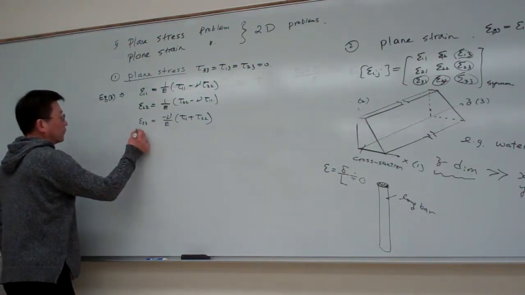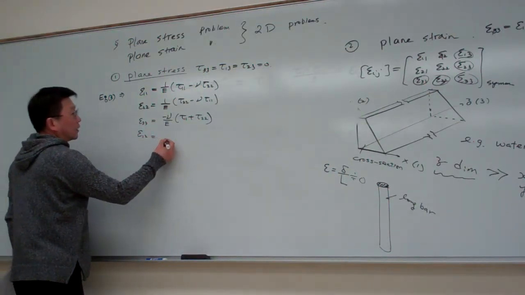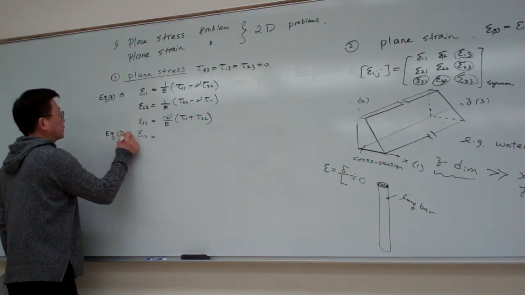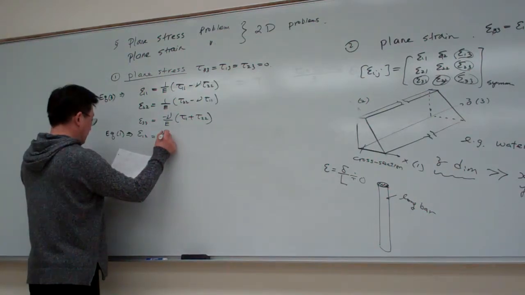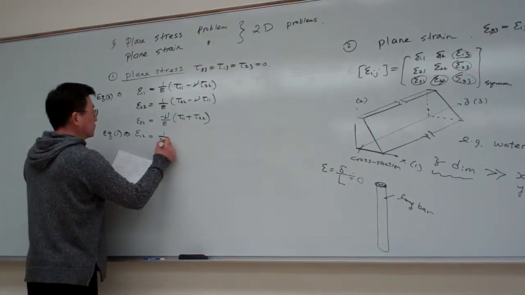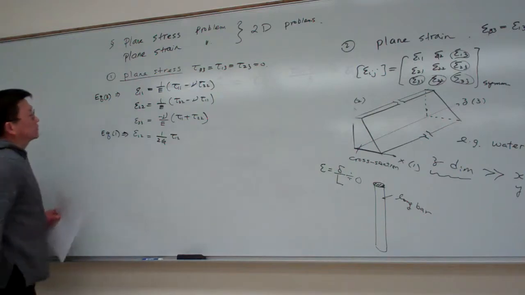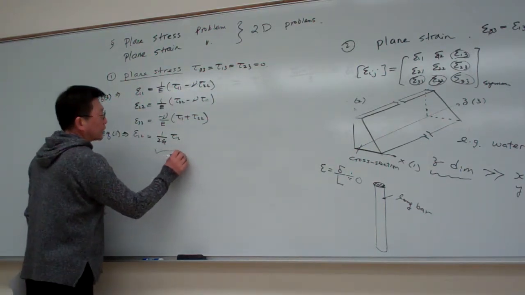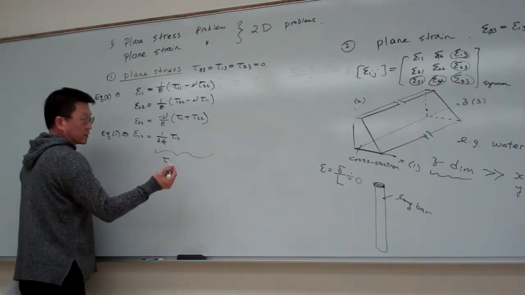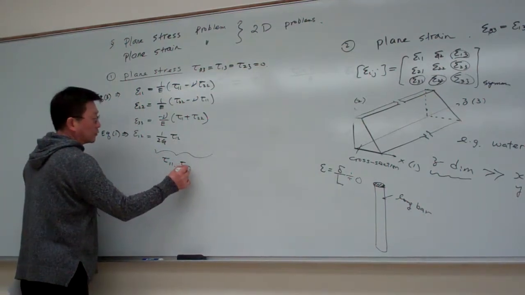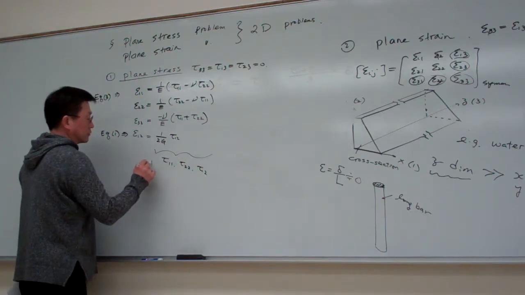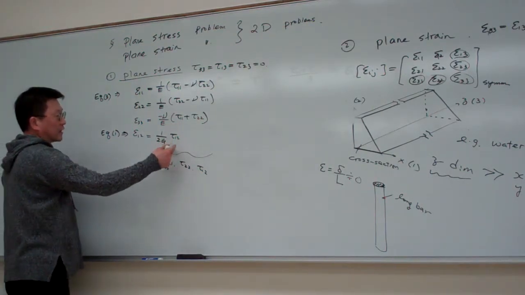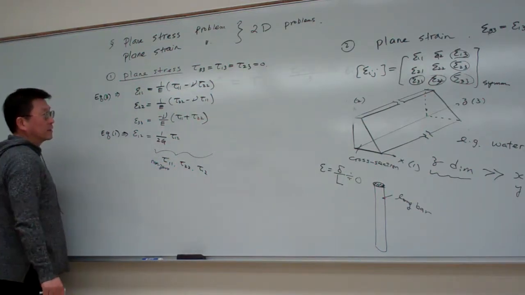Okay, and then for the shear strain, again using equation 1, that can be easily obtained. It simply is 1 over 2G tau 1,2. That's it. So for this equation, again, the right-hand side are non-zero stress elements tau 1,1, tau 2,2, tau 1,2. Okay, on the right-hand side, those are the non-zero stress elements.